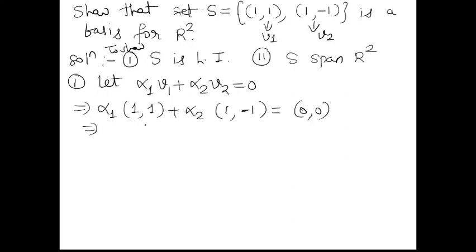Simplifying as per our usual method, first element multiplied with the first element and then add them. So it's alpha 1 plus alpha 2 equal to 0. The second equation will be alpha 1 minus alpha 2 equal to 0. Done. Now I have equation number A.